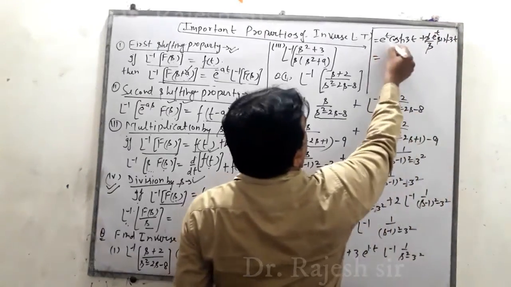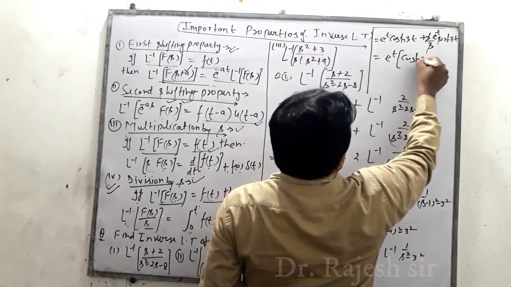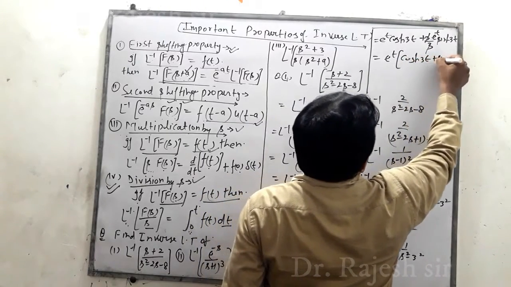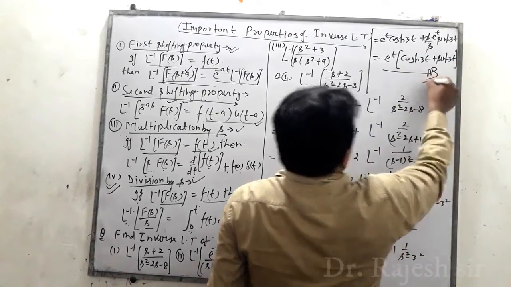Cancel out the common terms: e to the power t times cos hyperbolic 3t plus sin hyperbolic of 3t. This is the answer of this question.